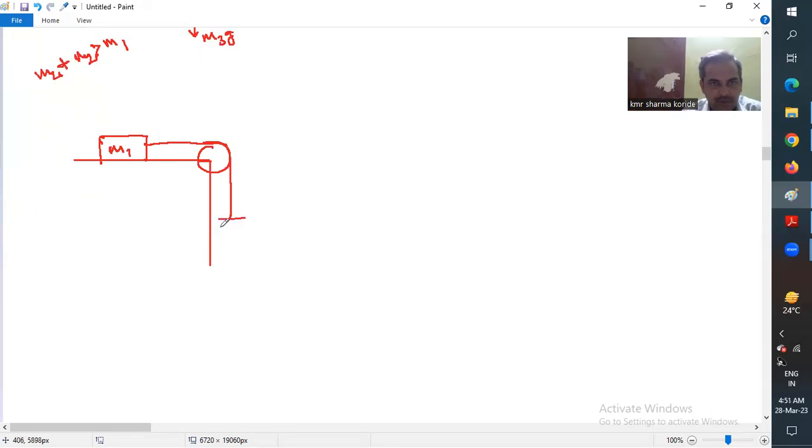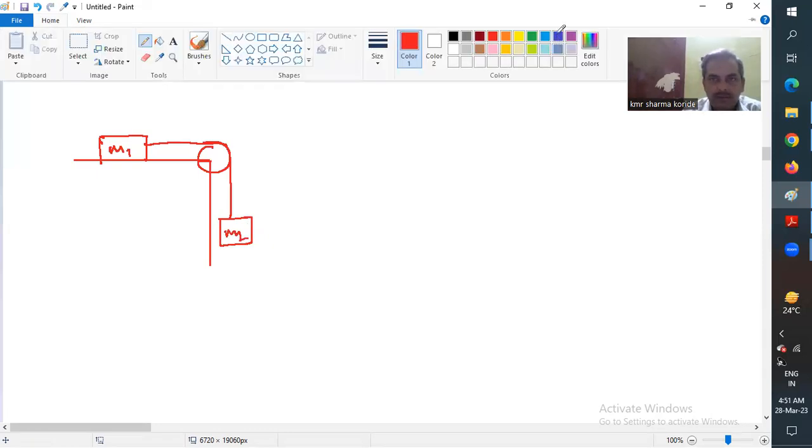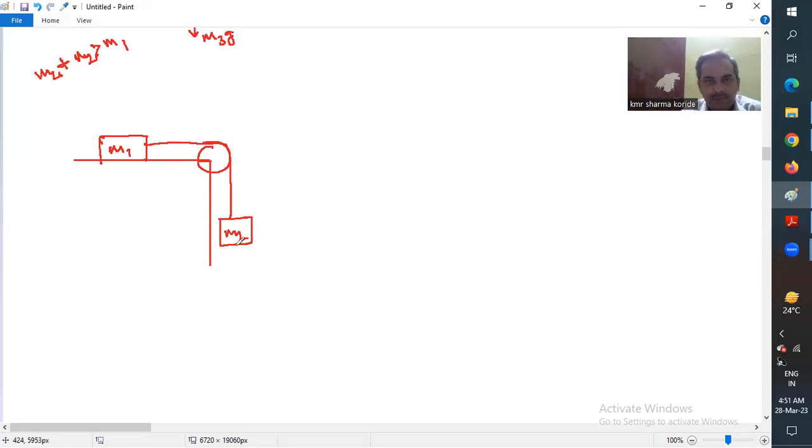M2 is connected to the other end of the string. Now let us list out the forces. M2G acts vertically downwards. Then tension acts upwards. Here tension favors the motion of M1. The weight of M1 does not contribute anything to its motion.